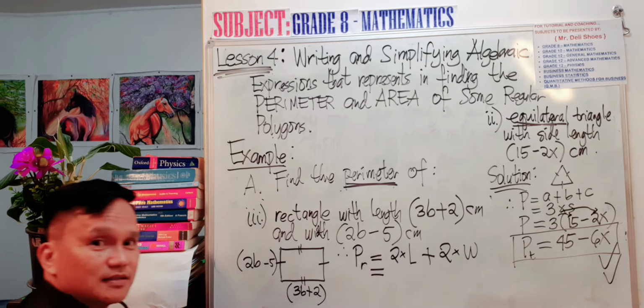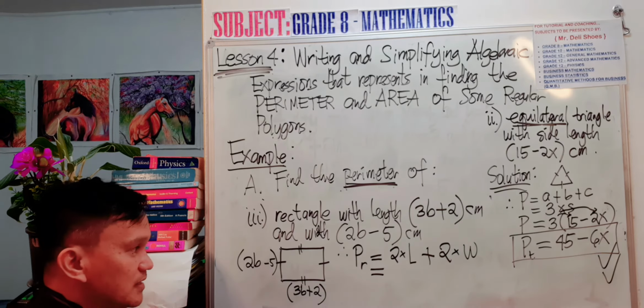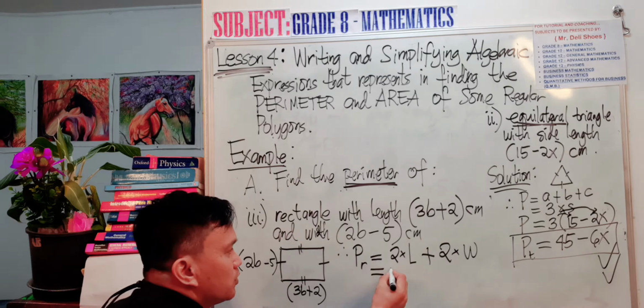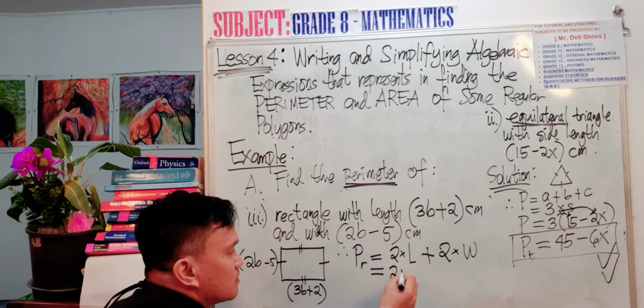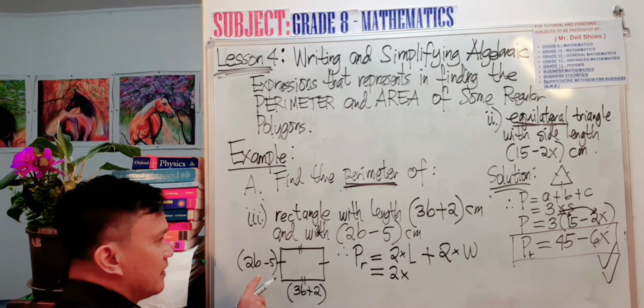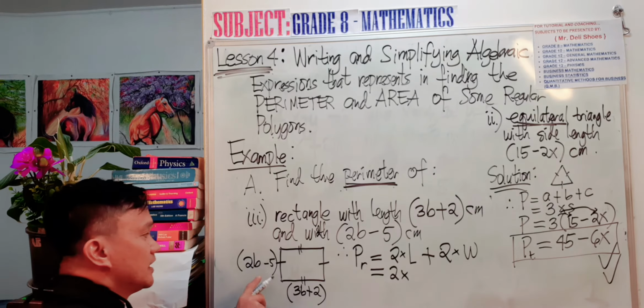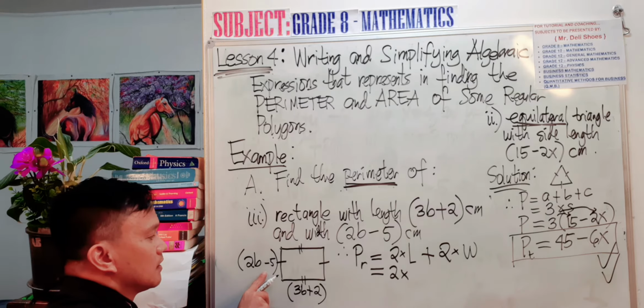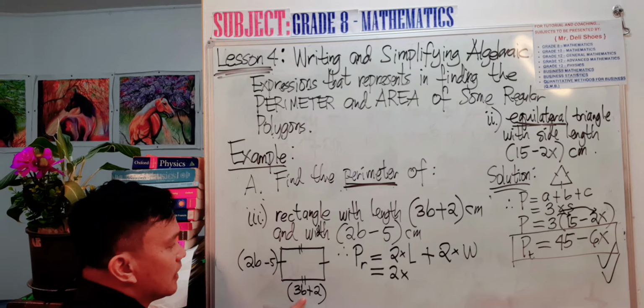Grade 8 students, follow this one step by step. So 2 times our length. Our length is 3b plus 2.